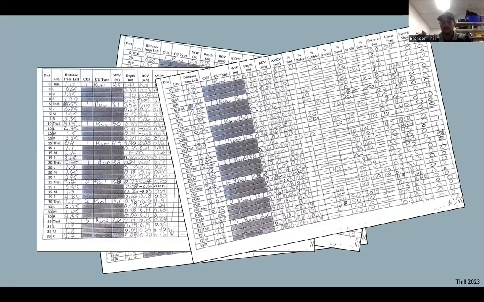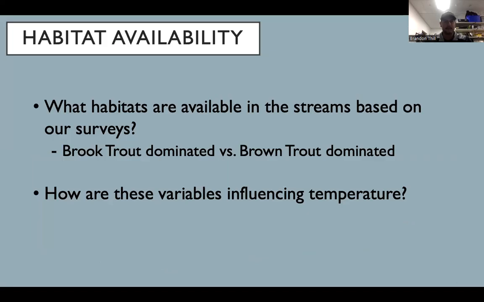But what it can do for us is tell us what habitats are available in these brook trout dominated versus brown trout dominated streams. We can now numerically paint a picture of the bottom of the stream and kind of pick out how these variables are maybe influencing the temperature of the stream as a whole.